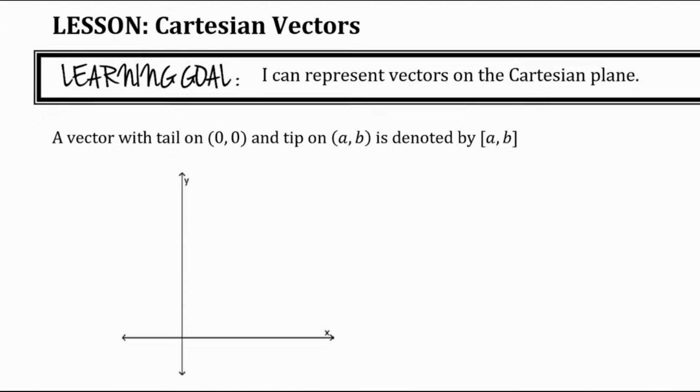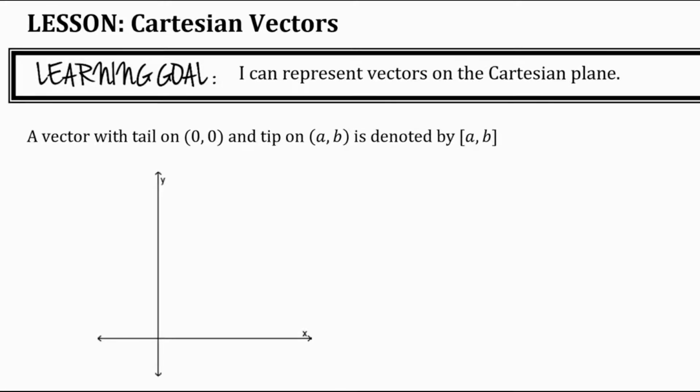So first of all, the definition of what a Cartesian vector is: a vector in Cartesian space is defined by its tail being at the origin. So its tail will be at 0, 0, and its tip will be at some point, any point on the Cartesian plane, given a, b, but we often denote vectors with square brackets as opposed to round brackets.